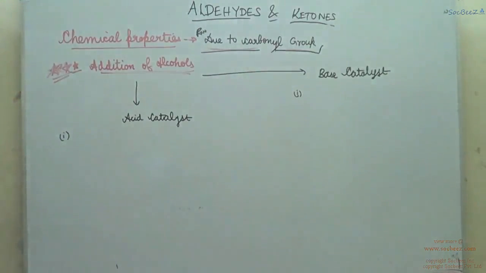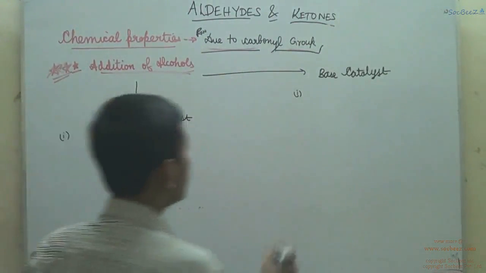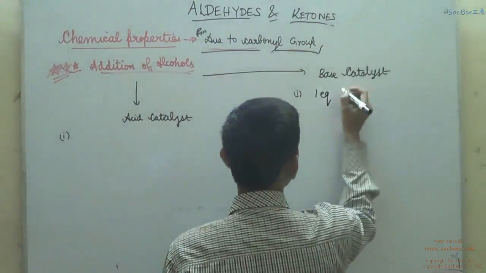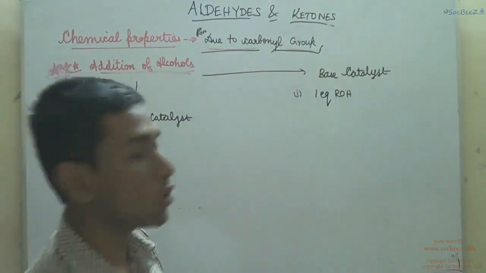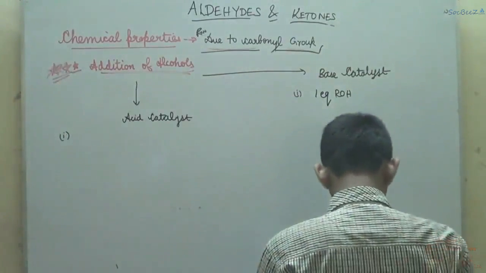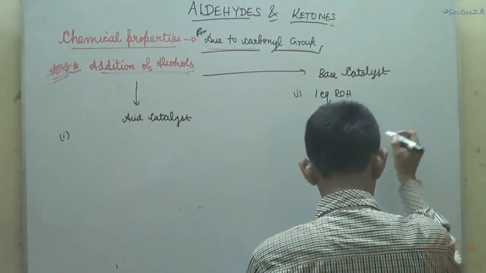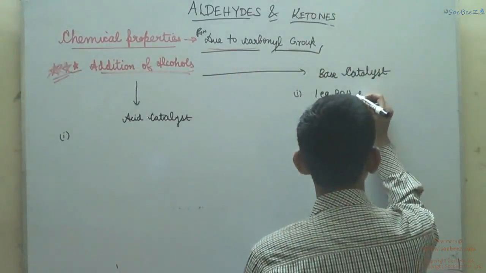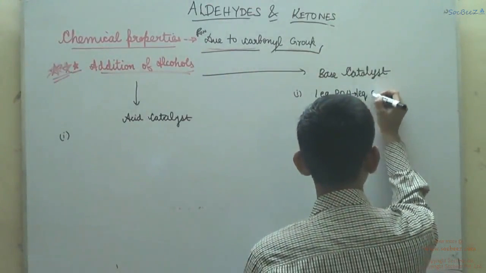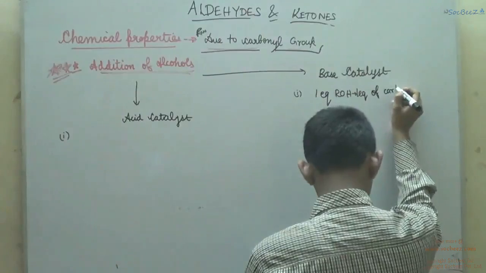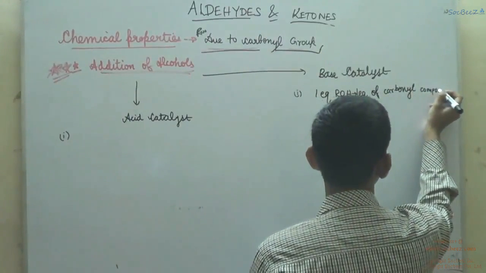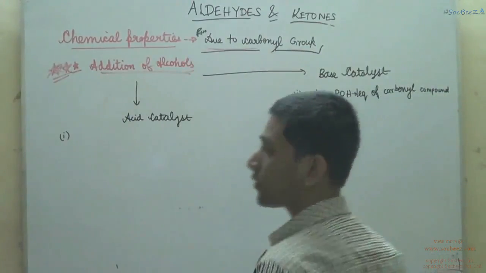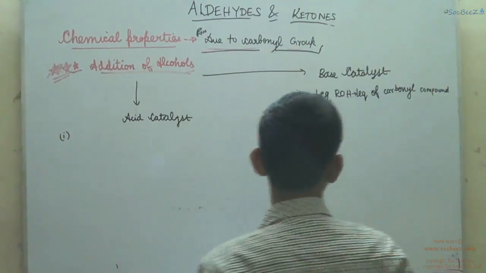Let me first deal with base catalyst. In base catalyst, one equivalent of alcohol, I am representing alcohol by ROH, it needn't be, okay? It reacts with one equivalent of the carbonyl compound.